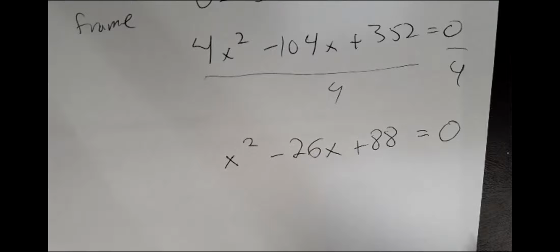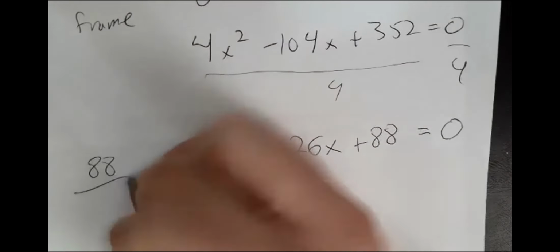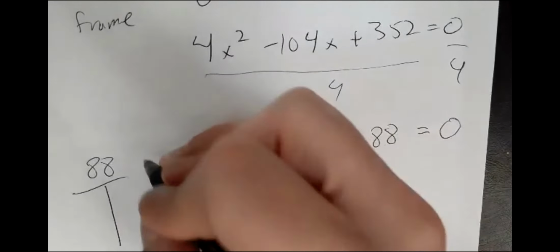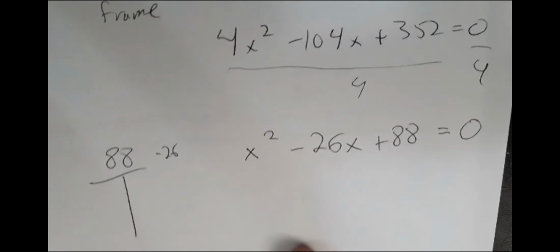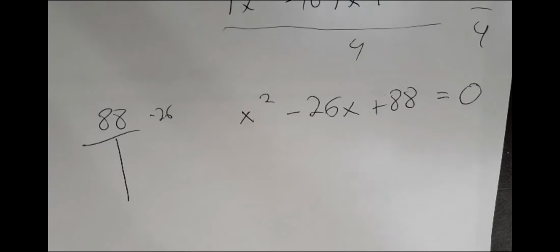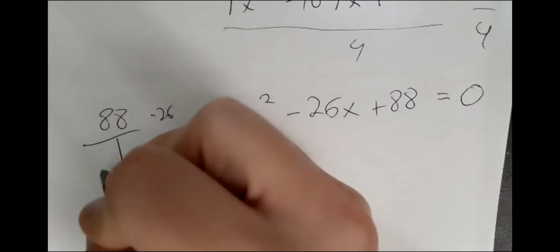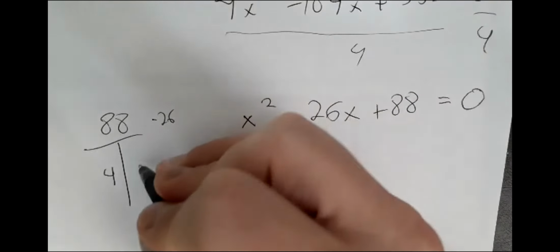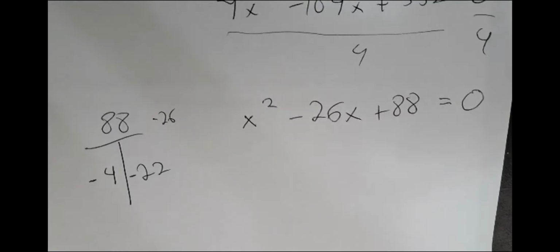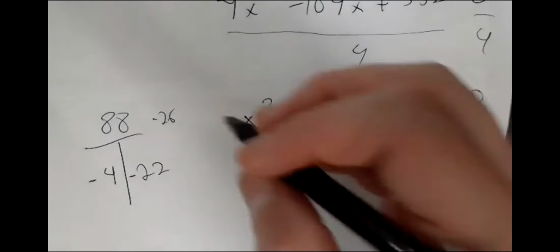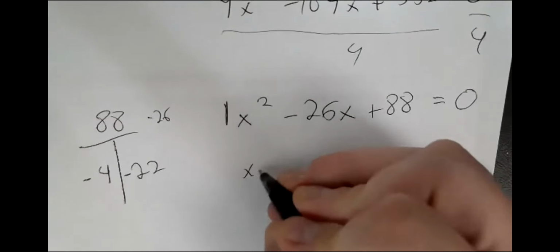And so I'm looking at factors of 88 that are going to add to minus 26. So I believe the two factors are going to be 4 and 22. And if they're going to add to minus 26, then they both have to be negative. So I can use my little shortcut on this thing.